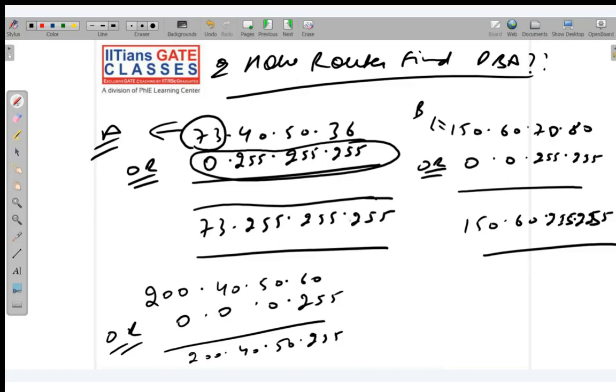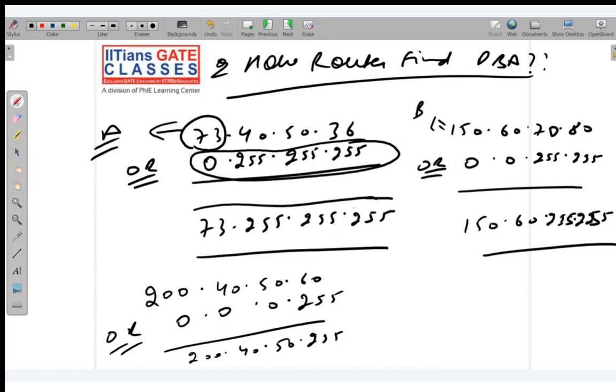So now, to find the last IP address, first find the class of the IP address. Then bitwise NOT the given net mask. And do bitwise OR operation with the given IP address.